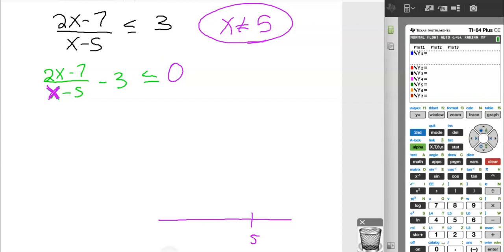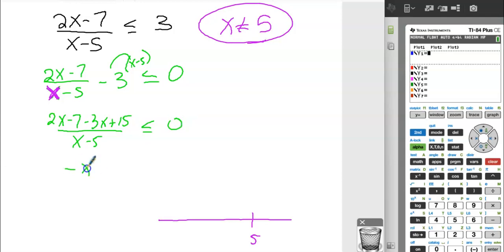All right, so we have less than 0. Now we're going to get a common denominator, which is x minus 5. And we're going to multiply this by x minus 5 over x minus 5 to get that. So that's 2x minus 7. Use the distributive property with a negative. And that's going to give me negative x plus 8 over x minus 5.